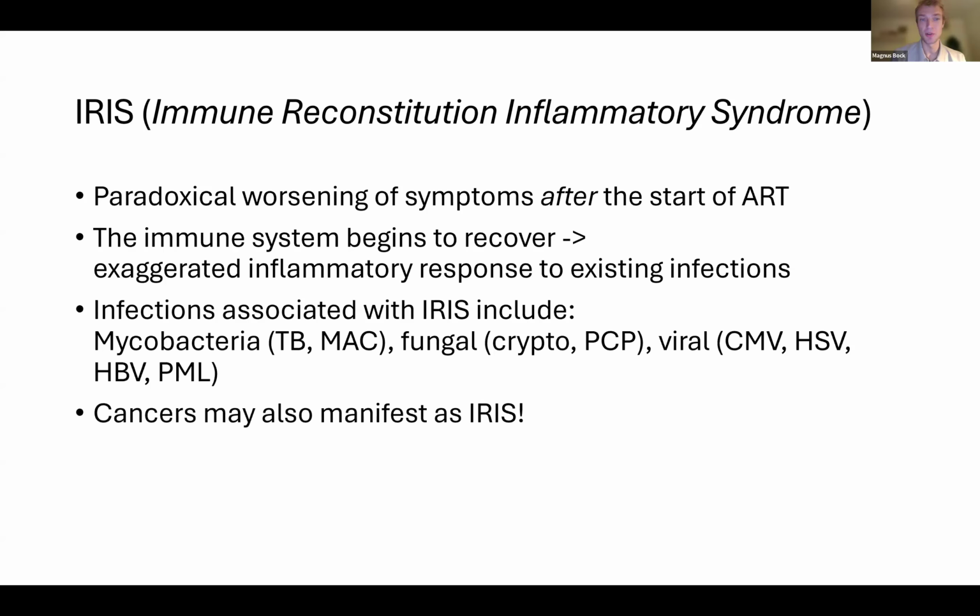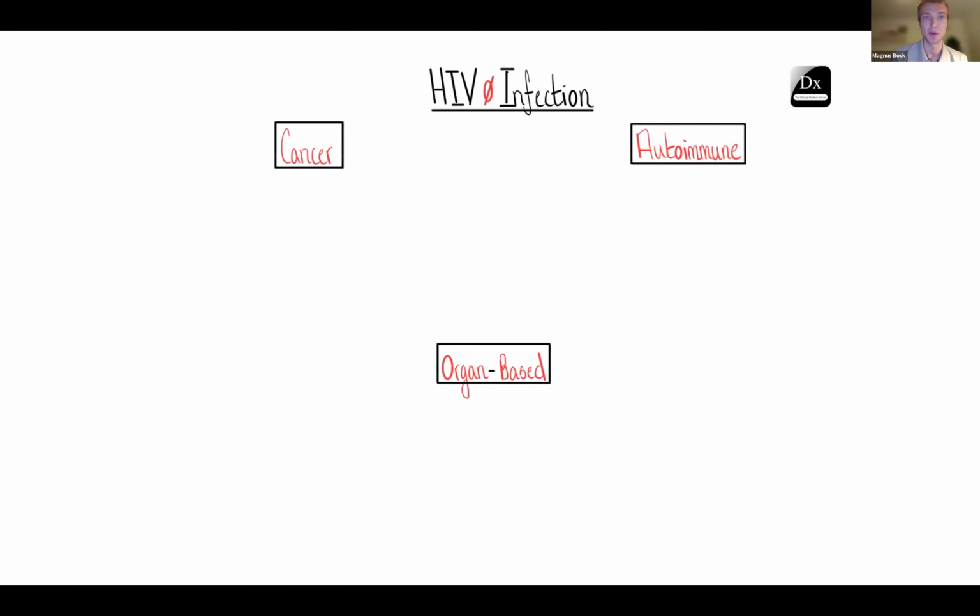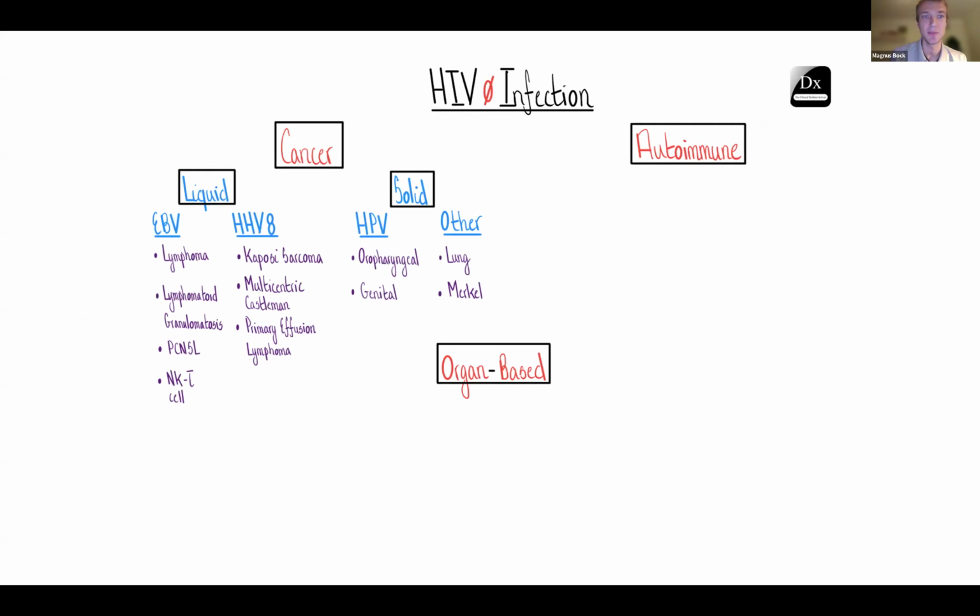And it's also really important to notice here that cancers may also manifest as this syndrome. So that made us consider some of the HIV-mediated or associated cancers, which are mainly due to different oncogenic viruses, mainly HHV8 and EBV.